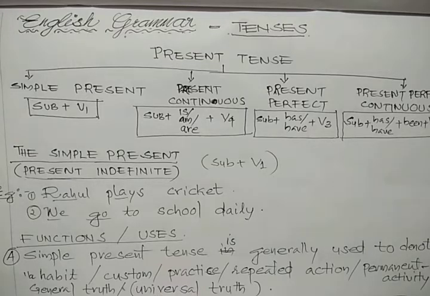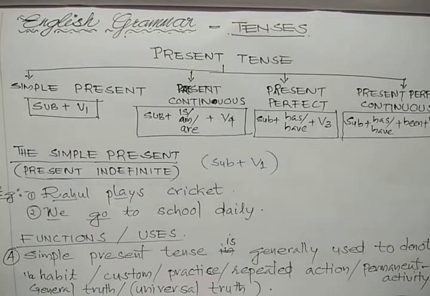Present perfect continuous, subject plus has or have plus been plus V4. Here you should know V1 is the plain form and V2 form is a past form of the verb, V3 is the past participle, and V4 is the ing form.